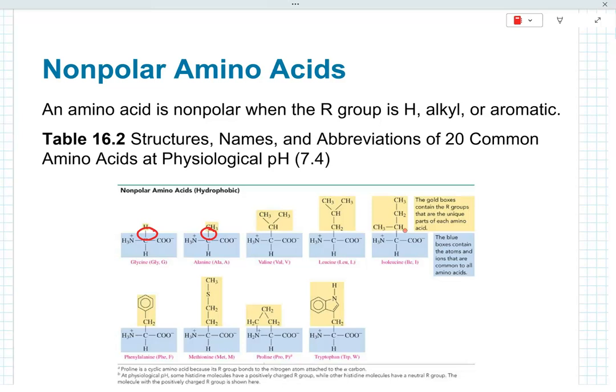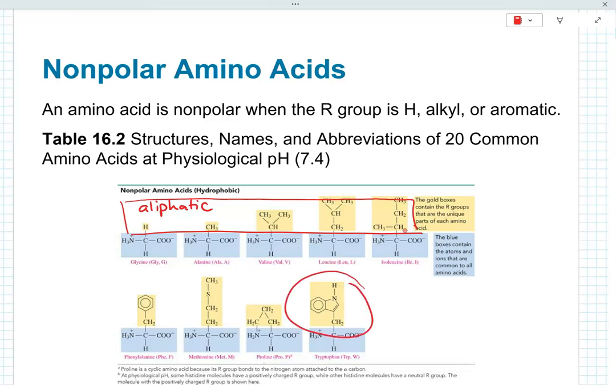Okay? The yellow boxes here highlight the side chains. Now these amino acids are sometimes called aliphatic non-polar, and these are often called aromatic non-polar.